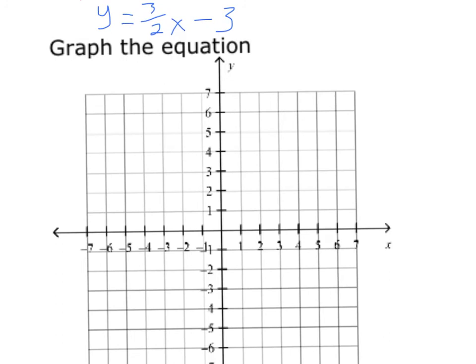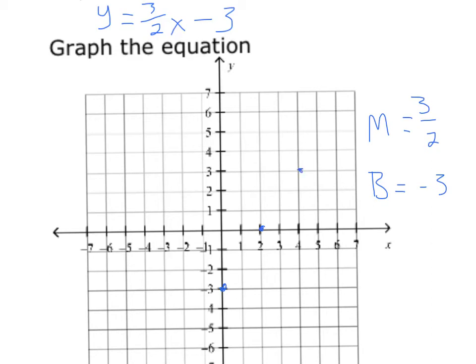Okay. So we identify m and b. The m is 3/2. The b is -3. So I'm going to start at -3. And from there, I'm going to have a positive slope, so I'm going to go up 3 and over 2, up 3 more, over 2.